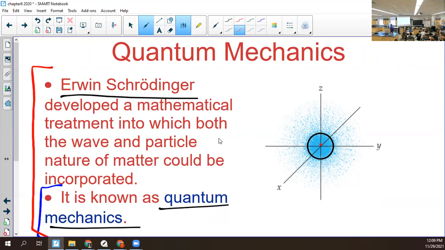Now, how have you heard of Schrodinger before? The cat. What about the cat, Tim? Yes and no. We don't know until we open it.